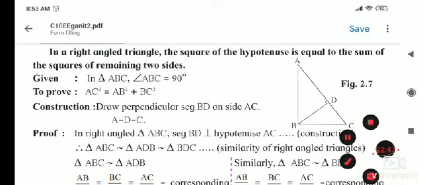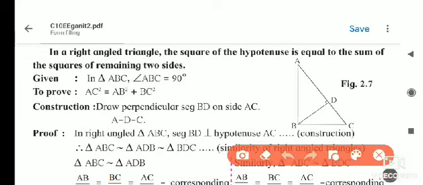So here, now what we have to do: in this right angle triangle, the two right angle triangles are ABD, and then BDC, and the bigger one ABC. Three triangles are there.